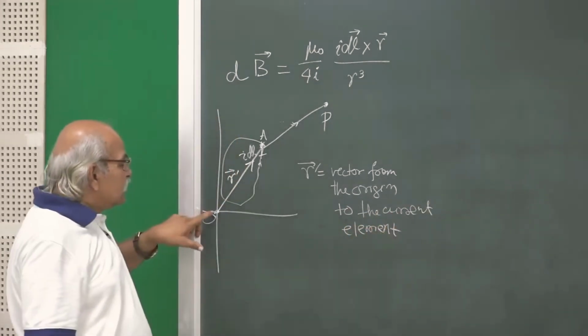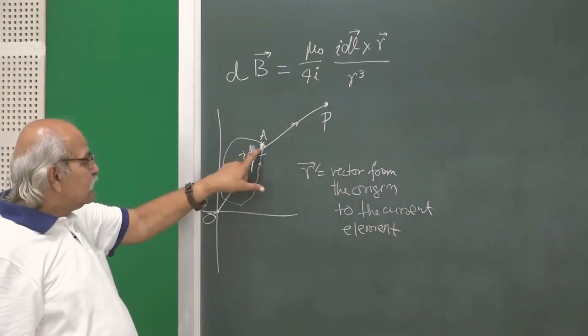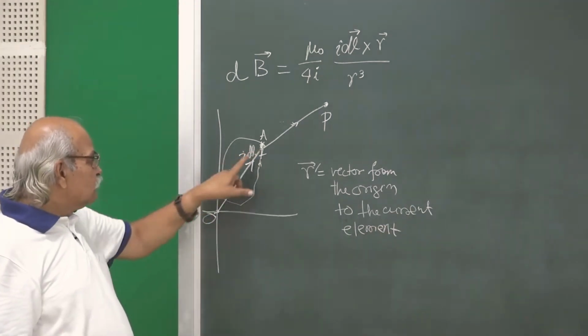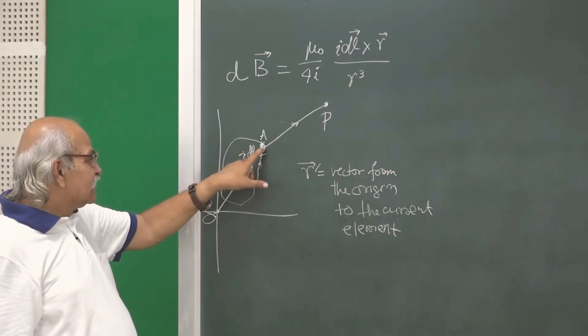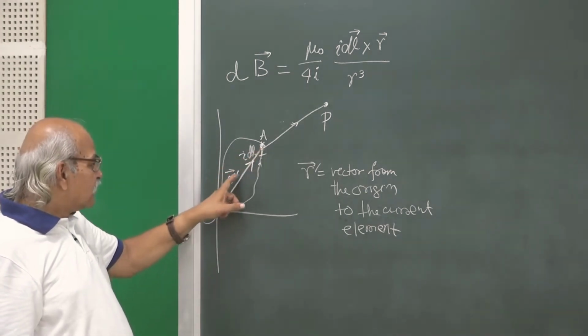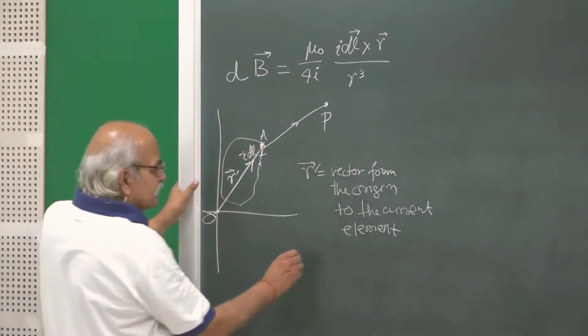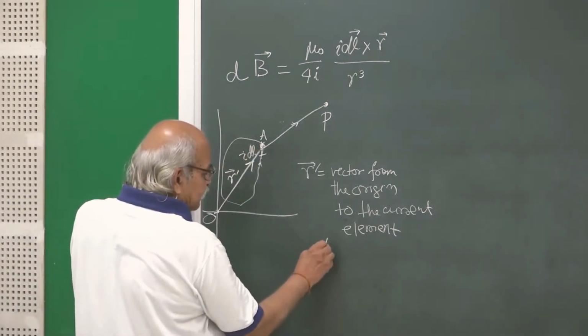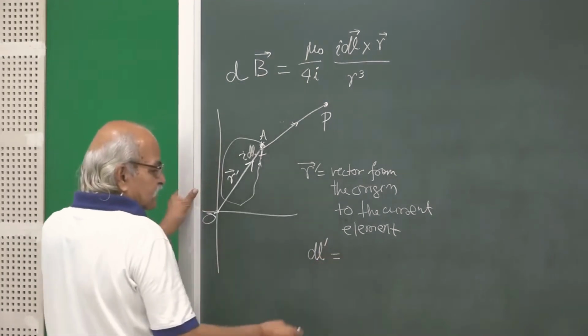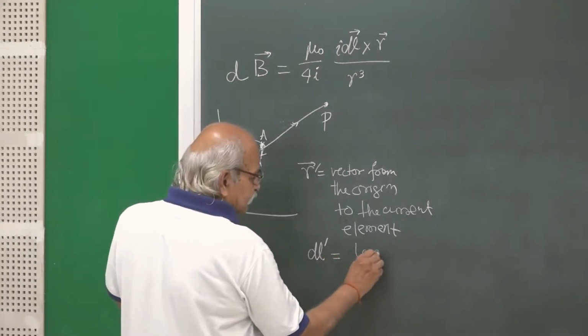So, here is the origin and here is the current element. From the origin to the current element, that we write as r prime, and this dl we also write as dl prime. This dl prime is our length element.